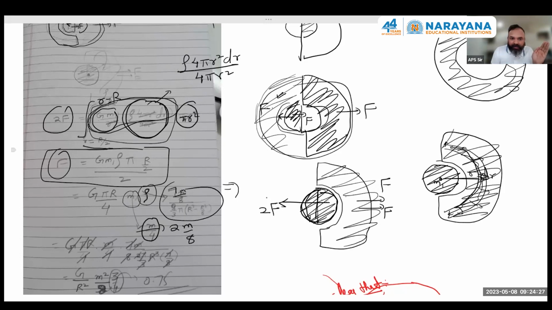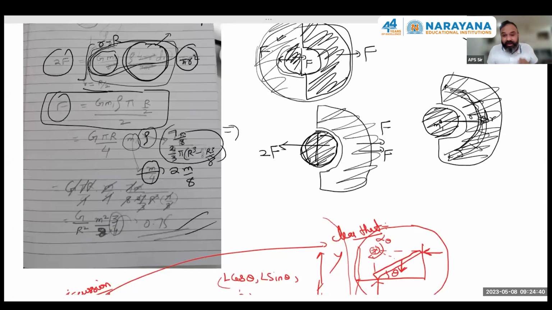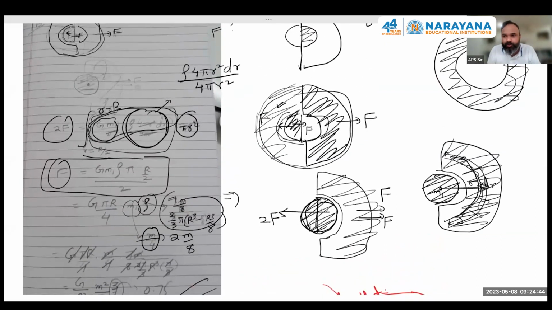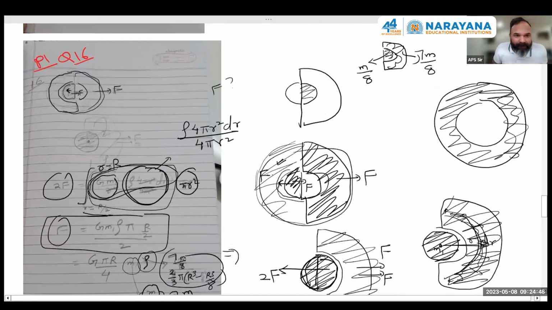Density is 7m by 8, the mass that I have written, and the volume is 4 by 3 pi times outer radius R cube minus R by 2 whole cube, which is R cube by 8. Just do the calculation, you'll get your answer as 0.7. The more important thing was to break the code of the problem. Once you understand how to break the problem, you'll get your answer.